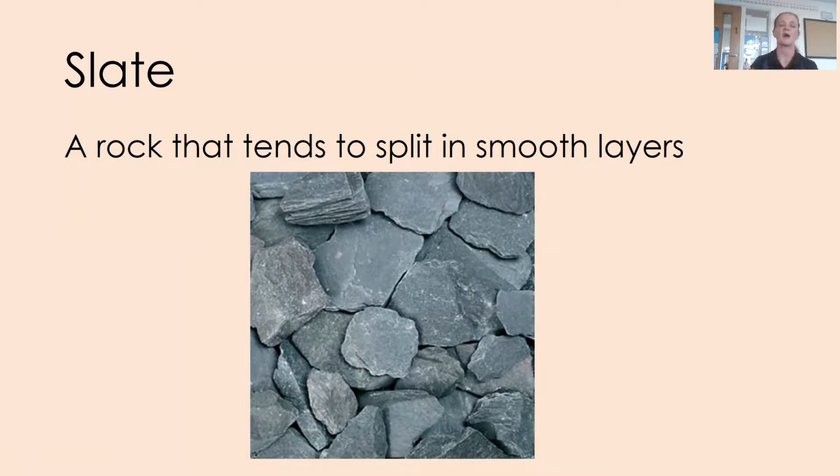Slate is a type of rock that tends to split in smooth layers. And we do have some examples of this in our classroom. So my key question for you this week, after you've watched this video, is the following. Can you come and ask me for our rock box, and can you find a piece of slate in that box?